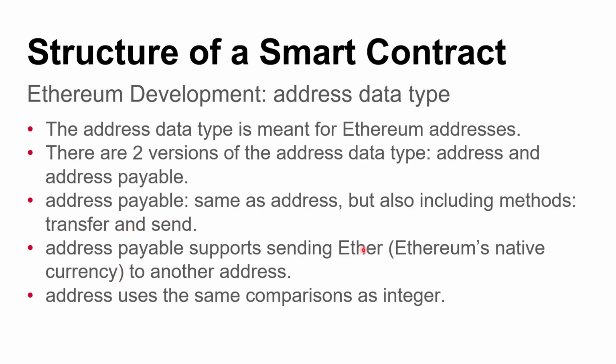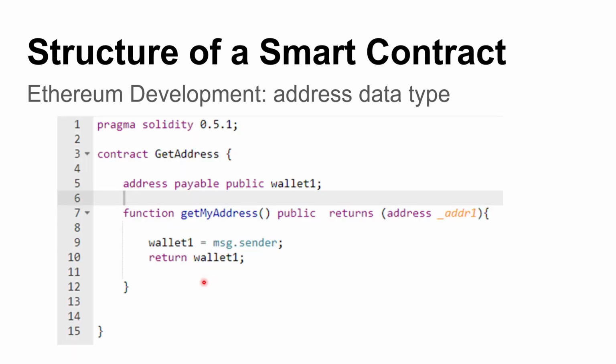Address payable supports sending Ether to another user's Ethereum wallet. And the address uses the same comparators as integer. So we can see here some examples of a wallet. The address payable has the sender.